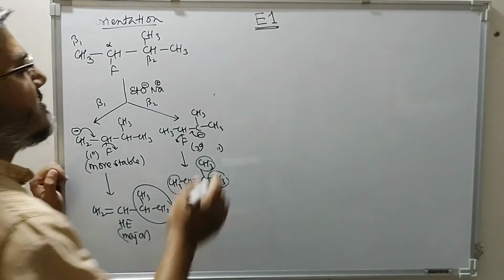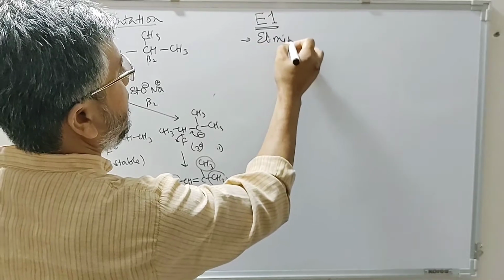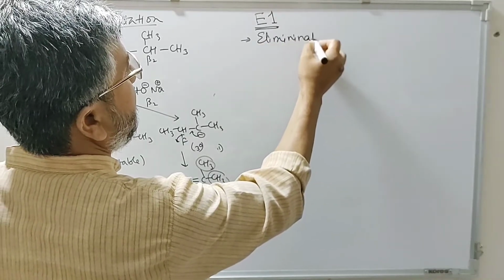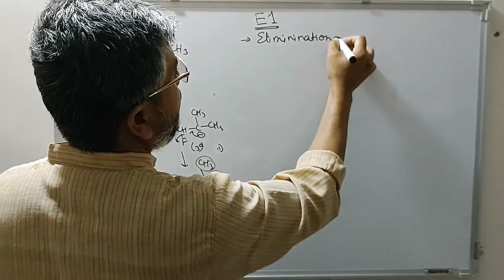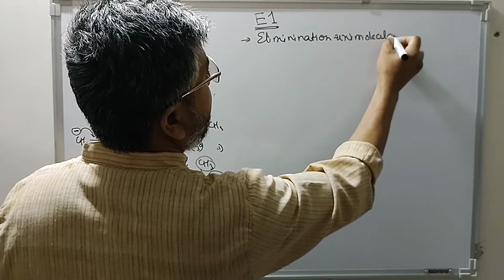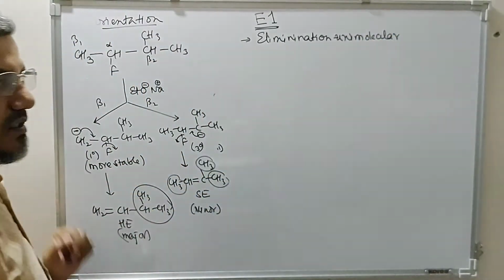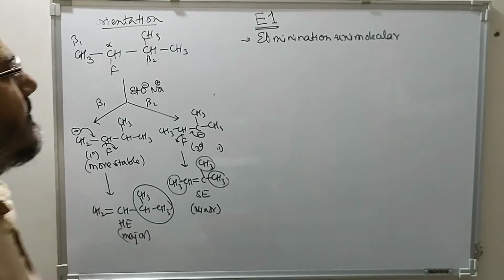E1 stands for E for elimination, and 1 stands for unimolecular. So the molecularity of the reaction is 1.